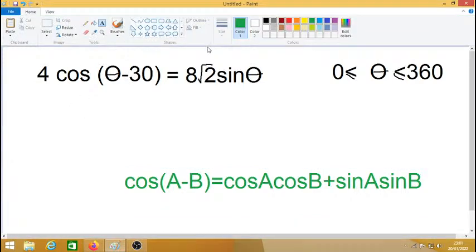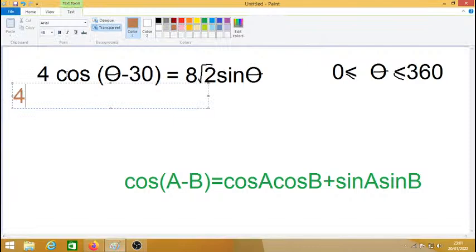So let's see what it looks like. We'll have 4 stay as 4, but then we've got, being multiplied by, let's split this out now. It's going to be cos A cos B, so cos theta cos 30. And then here's the minus, so we're going to have a plus in the formula.